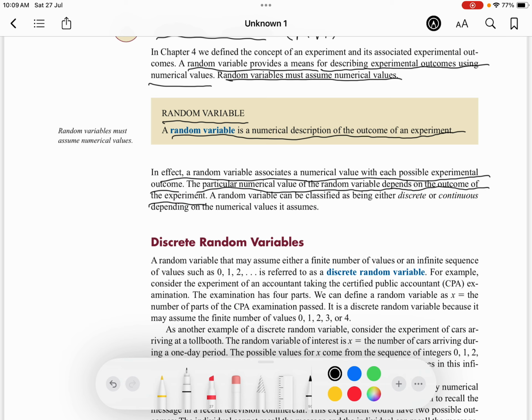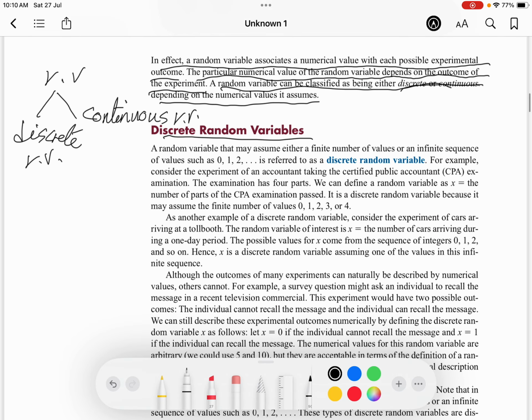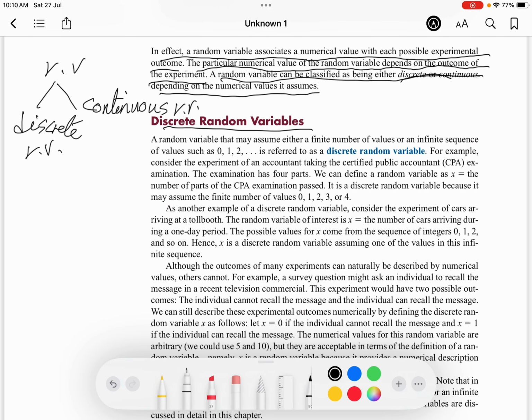A random variable can be classified as either discrete or continuous, depending on the numerical values it assumes. A discrete random variable takes values like x equal 0, 1, 2, 3, and so on.